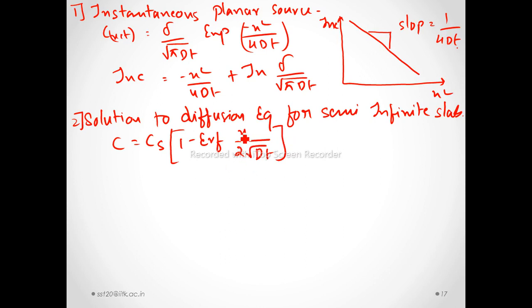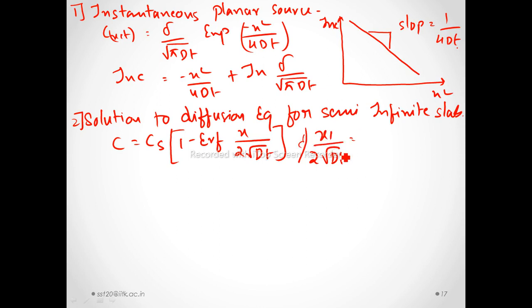This is very important. If we are given the time, x equals 2 into root D into t. So if we are given the time and the diffusion coefficient, the diffusion distance can be calculated. This is one of the importances of this.